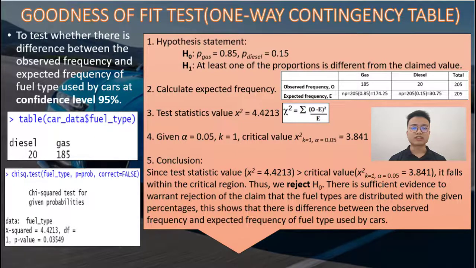Since the test statistic x squared equals 4.4213 is larger than our critical value x squared equals 3.841, hence we reject our null hypothesis. We have sufficient evidence to conclude that there is a difference between the observed frequency and the expected frequency of the fuel type used by cars at alpha equals 0.05.